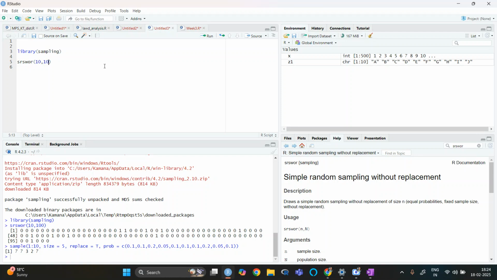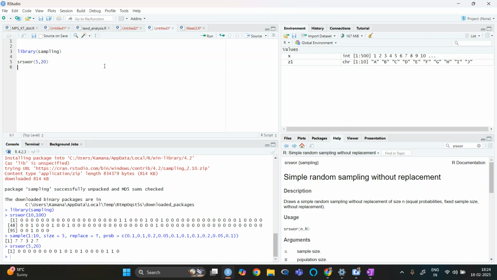Let's work with some small value so that we can work with indexes. Here it has chosen 1, 2, 11, 0. These are the indexes it has chosen, and it will always choose different ones. It will never choose a repetitive one because it is without replacement.